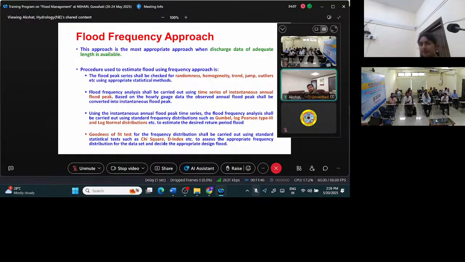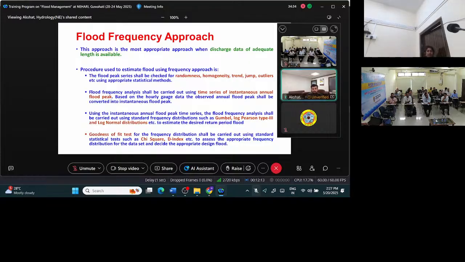So what is adequate length? For a 25-year return period flood, we need to have at least 15 or 20 years of data. Adequate length means it should cover one climate cycle. And for a 100-year return period flood, we need to have a good length of data.